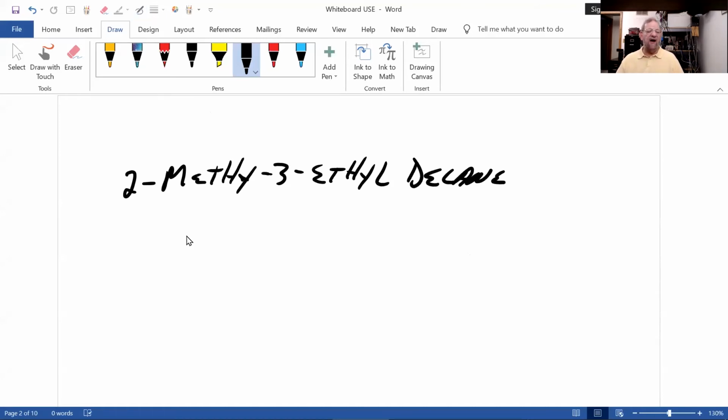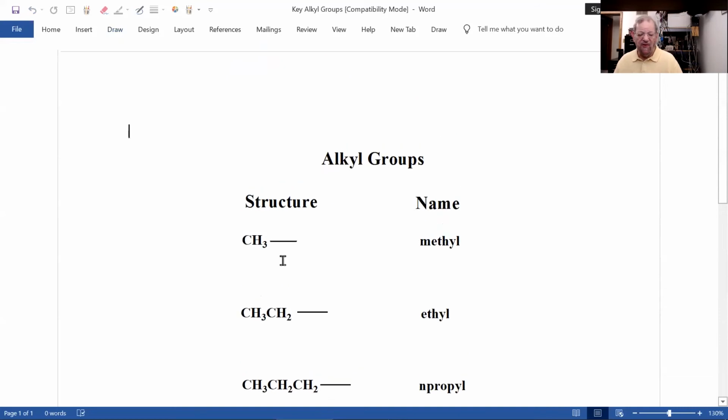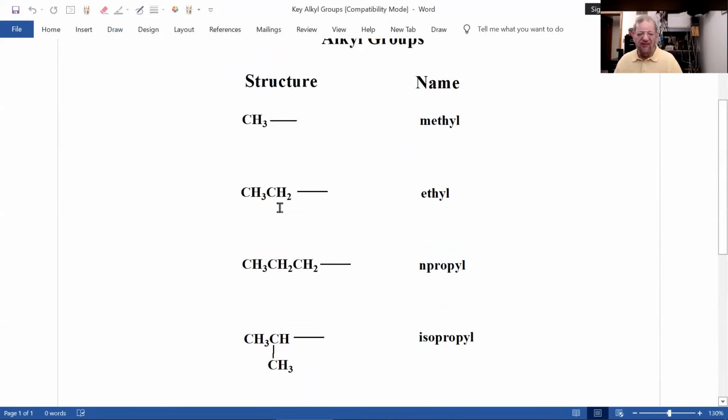Why don't you try and draw the structure for 2-methyl, 3-ethyl decane. Remember, decane is 10 carbons. And in case you forgot, methyl is 1 carbon, ethyl is 2 carbons attached to the longer chain.